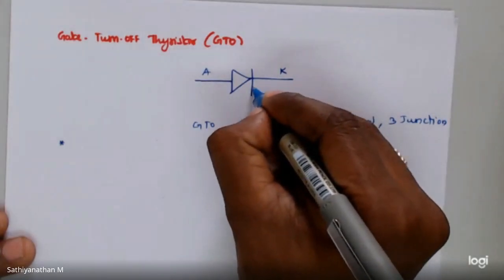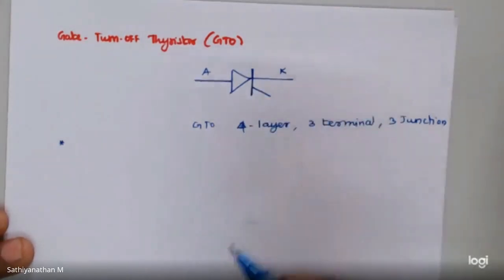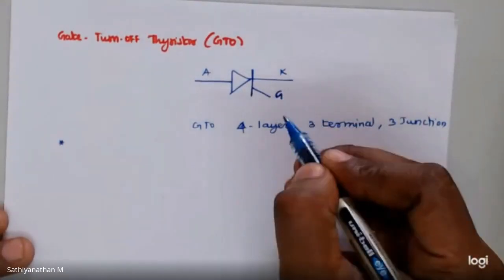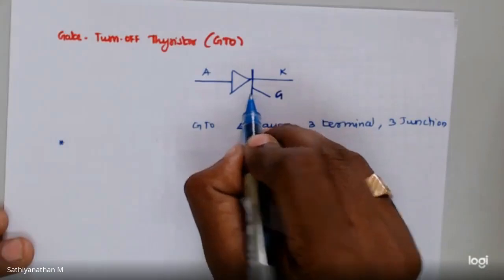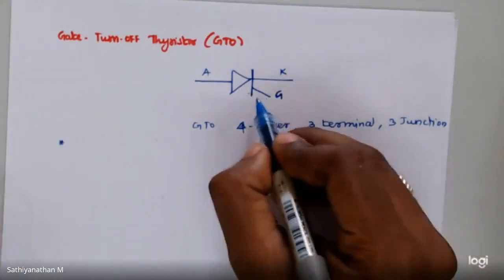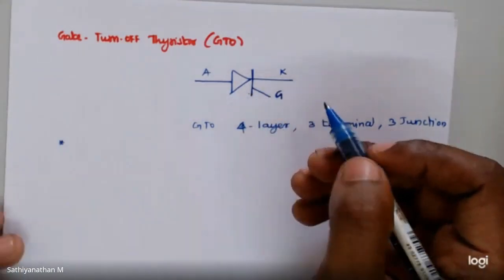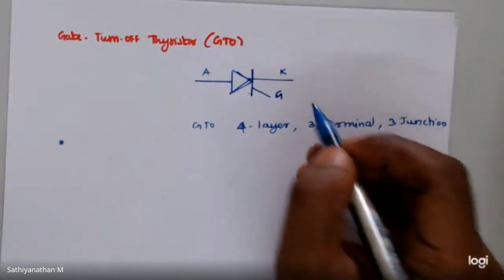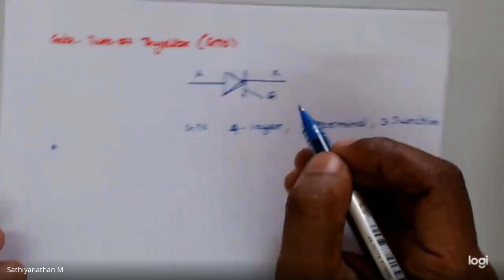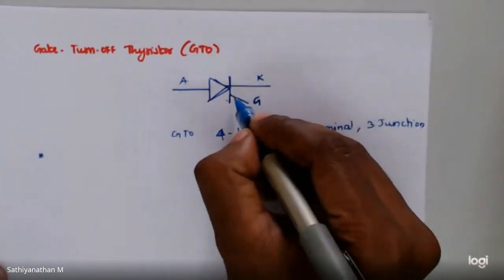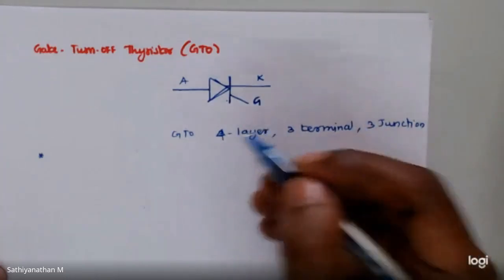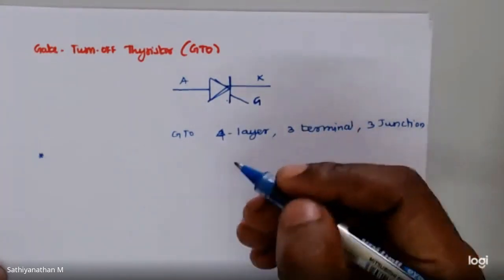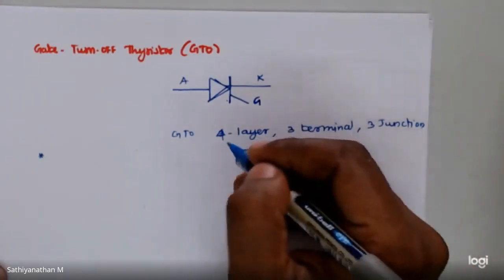The external terminal is the gate. When you apply a gate current, the device will turn on, and that is why we call it a unidirectional device, and there is no control over the gate. In order to turn off the device, you have to add an external circuit.